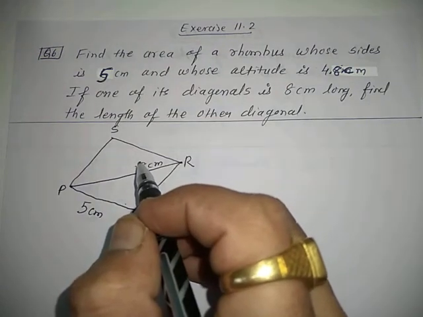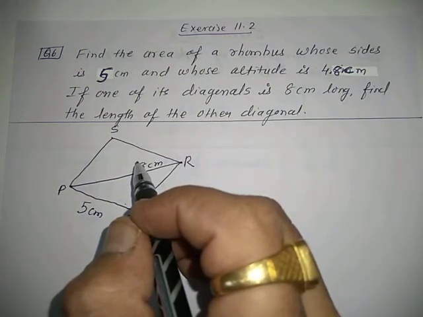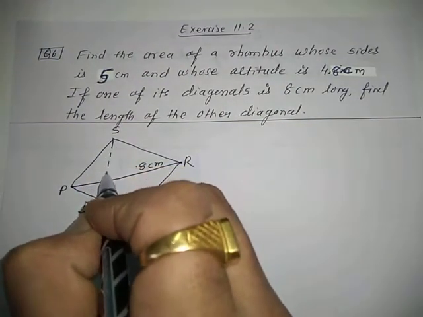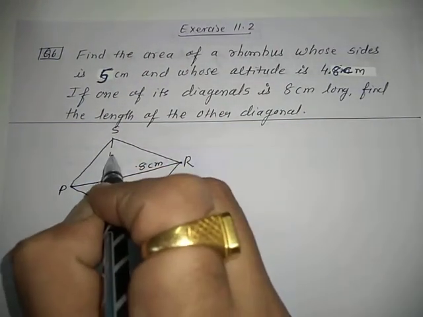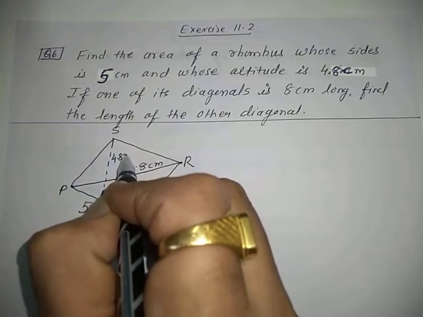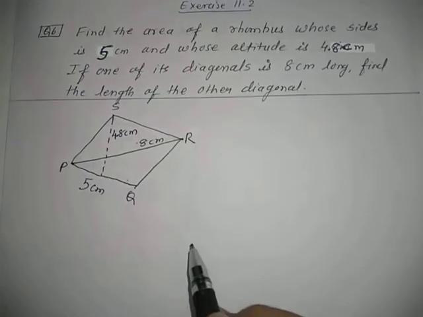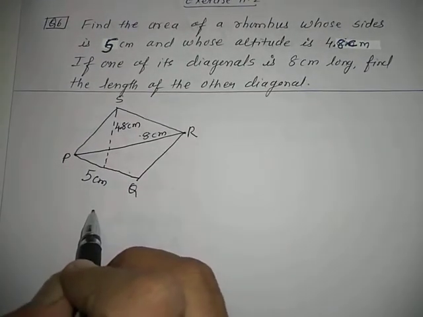Okay, and the altitude is also given. Suppose the altitude is 4.8 centimeter. Okay, so the area of the rhombus we need to find.